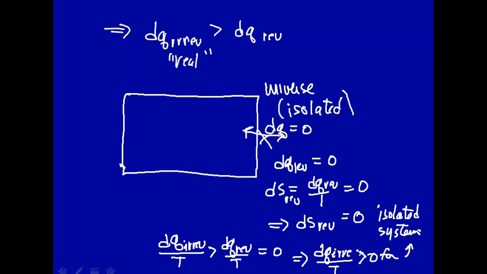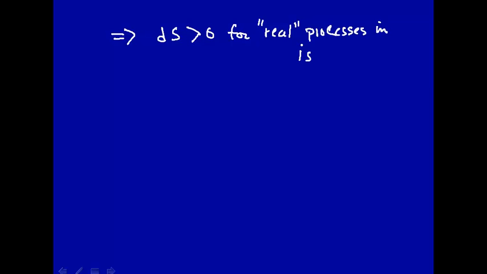Or in other words, this implies that delta S, or dS, is greater than 0 for real processes in an isolated system.